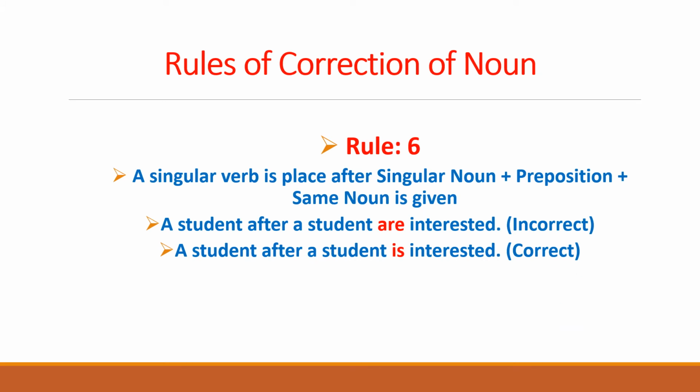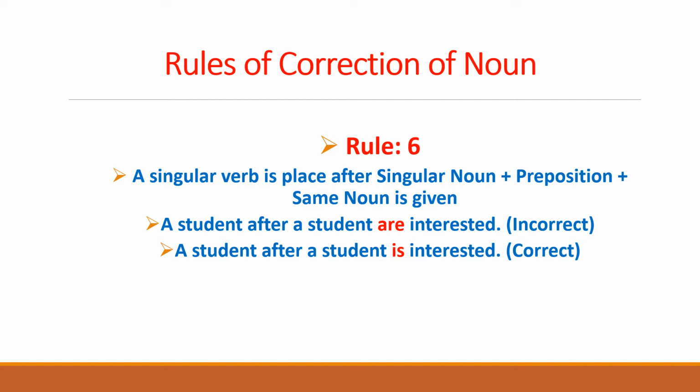So we will continue with the rules of correction. As you know, this is a very important topic from the context of the preparation for the final exams, and these are the marks that can be easily achieved if you pay full attention to the rules that help us in correcting the sentences.